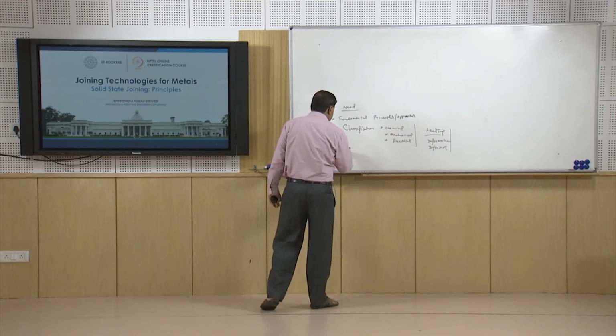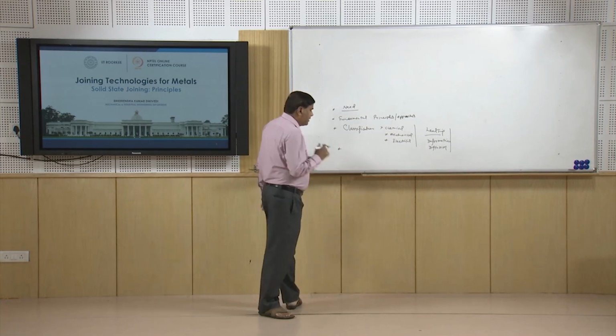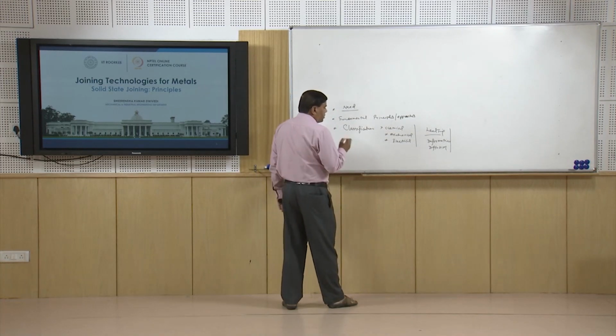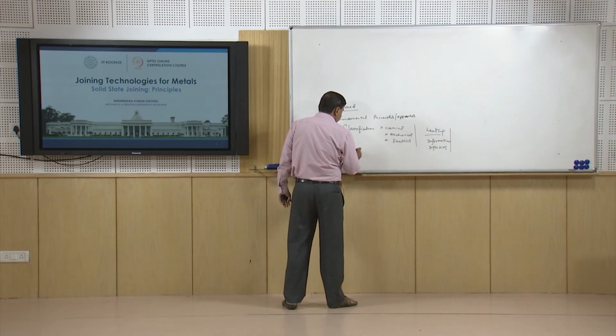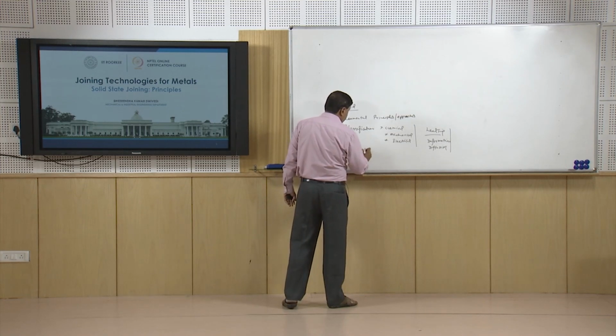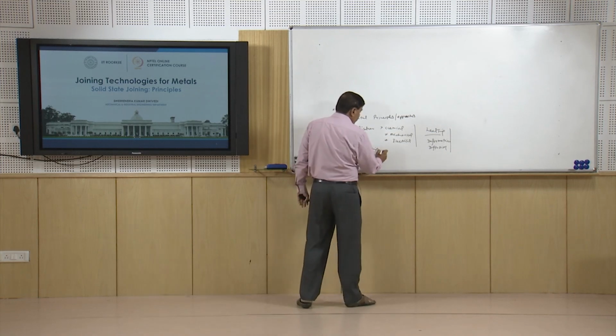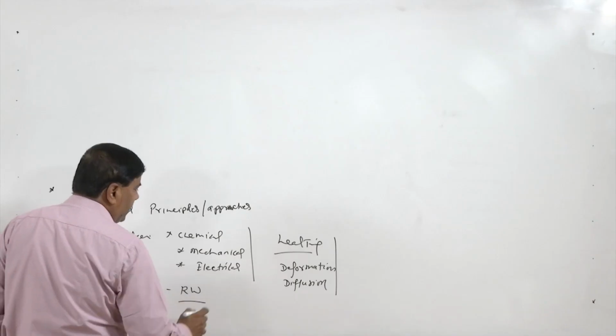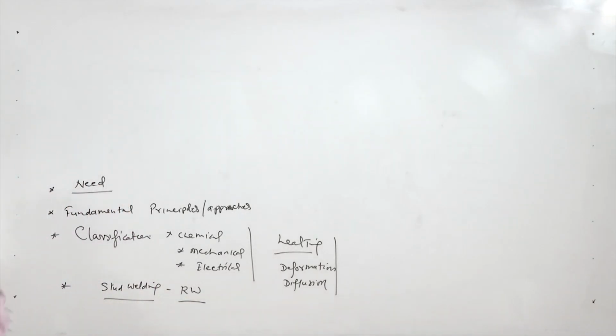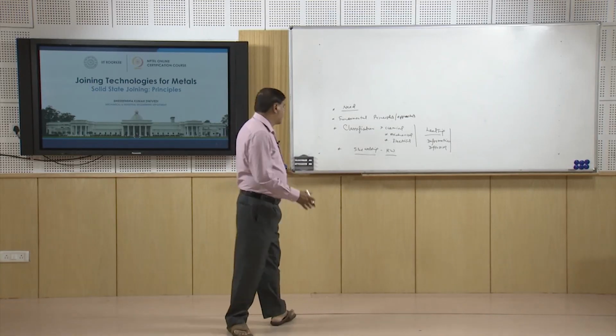And then we will see one typical solid state joining process which is the stud welding process. Basically this falls in the resistance welding category, and all resistance welding processes fall in this category of the solid state joining processes.